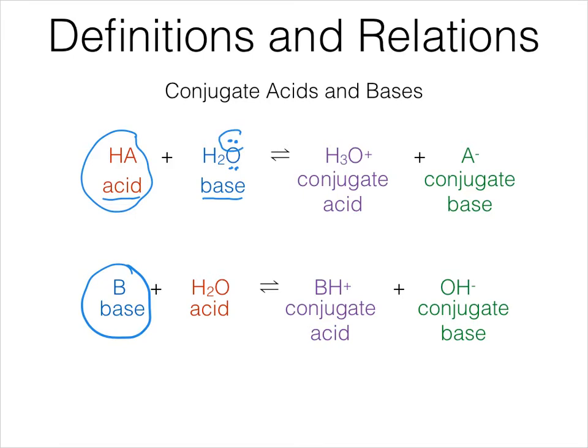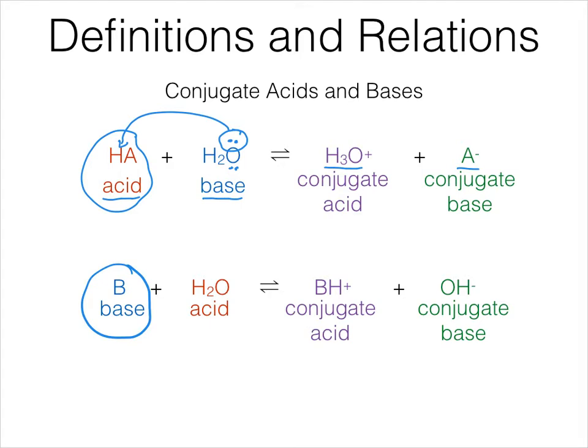And so this lone pair on the oxygen can act as the base, taking the proton from the acid and creating H3O plus, the hydronium ion, and leaving A minus behind.